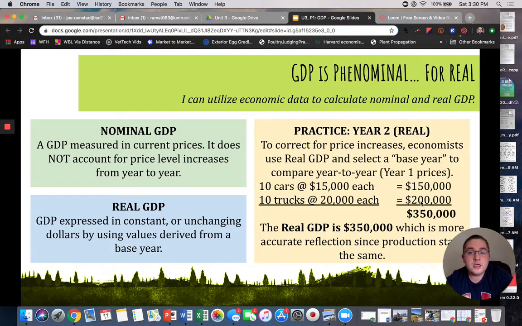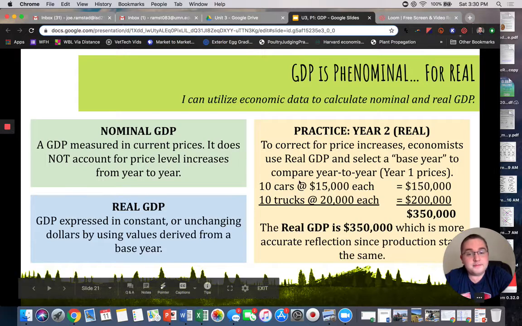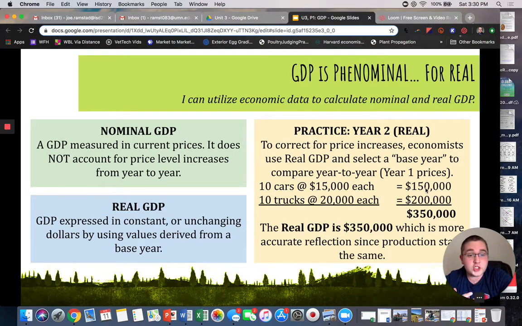Real GDP uses a base year, and our base year is going to be year one. To correct for price increases, economists use real GDP and select a base year to compare year to year. In the second year, we still only produce 10 trucks and 10 cars, so our real GDP in year two is going to be the exact same as our real GDP in year one.